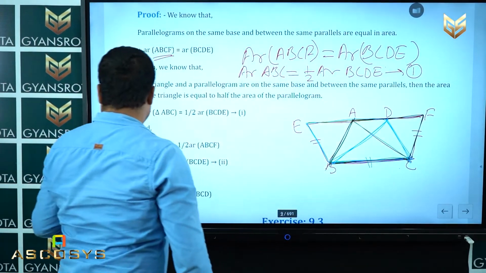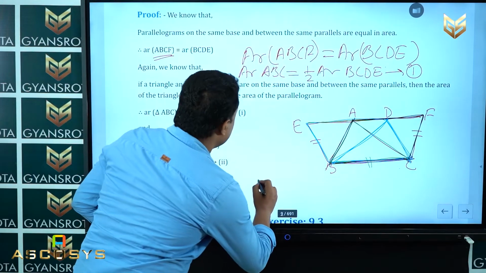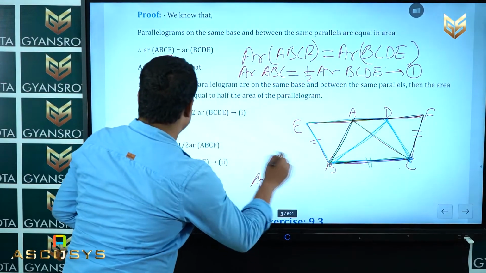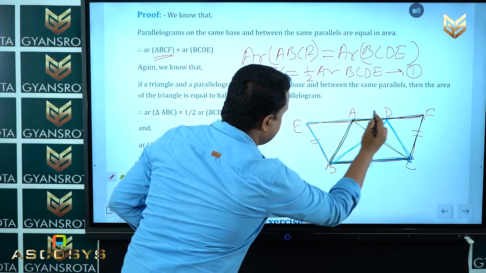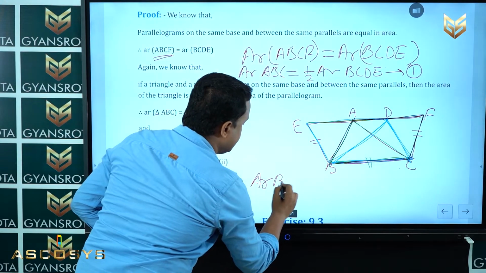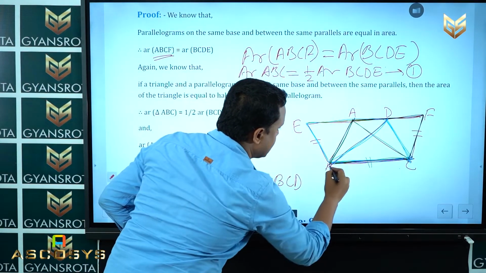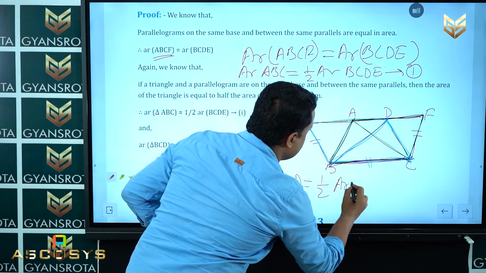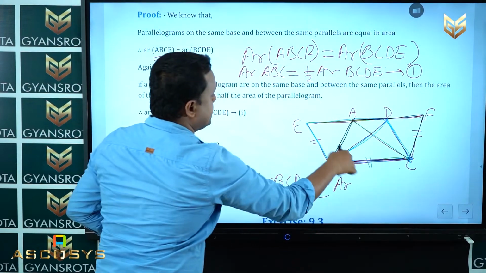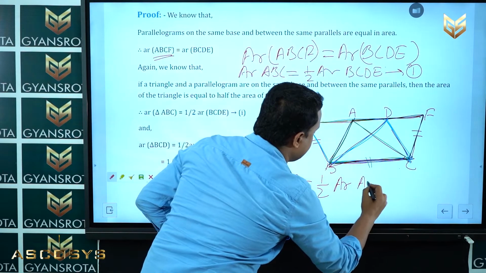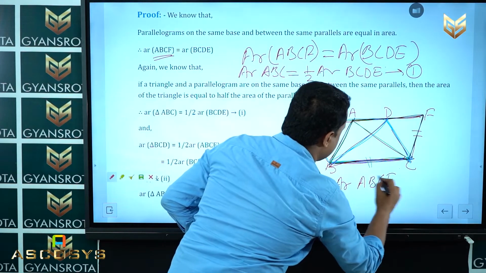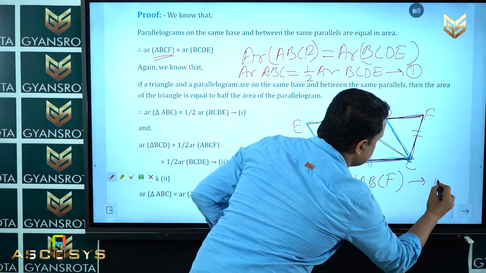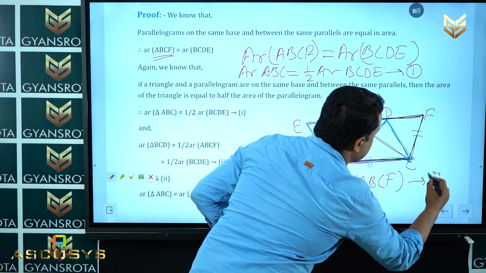So we can write the area of this triangle BCD is equal to half of the area of parallelogram ABCF. Let's take this as equation 2.